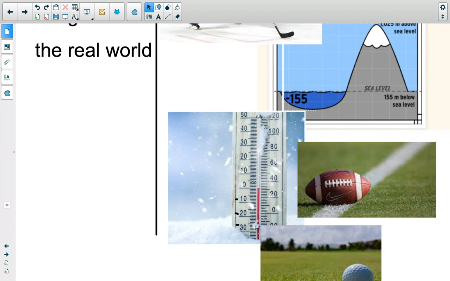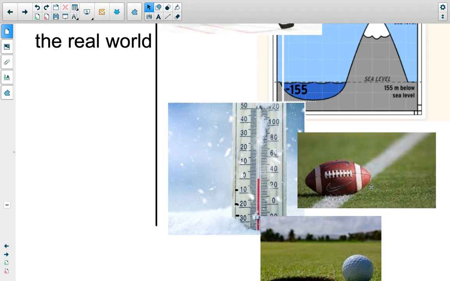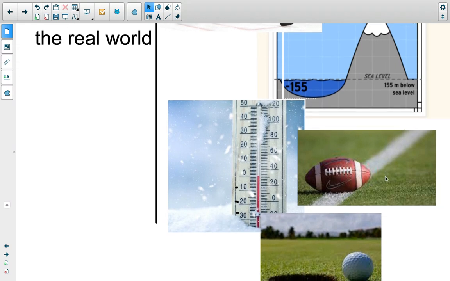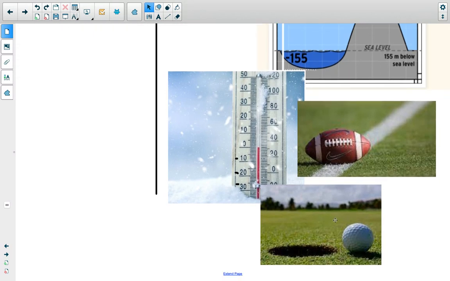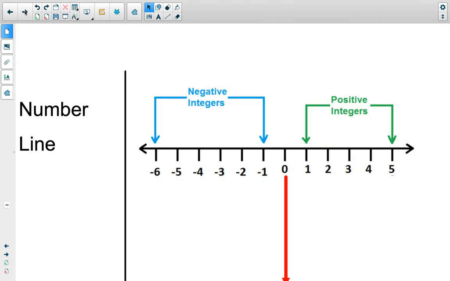In weather, we live in Minnesota, we get below 0 temperatures. And in football, you might have a loss of yards. For example, if our quarterback is sacked, he might have a loss of yards. That would be a negative number. And in golf, you have positive and negative. In golf, negative is actually good. That would be how many strokes under par. So you will see them all over in real life.